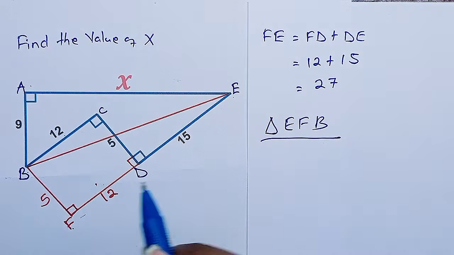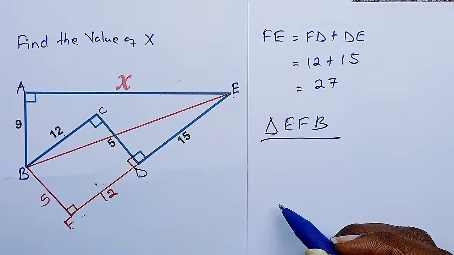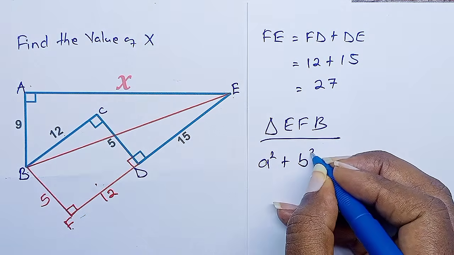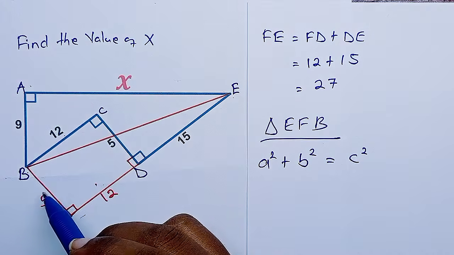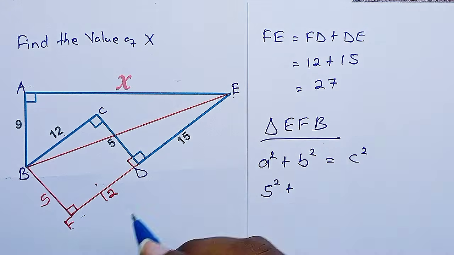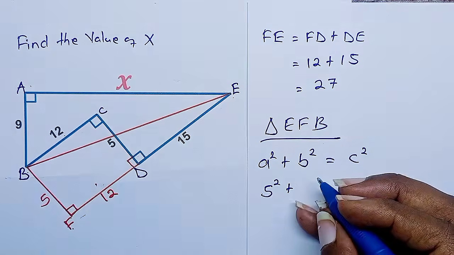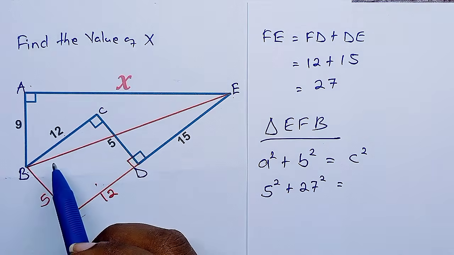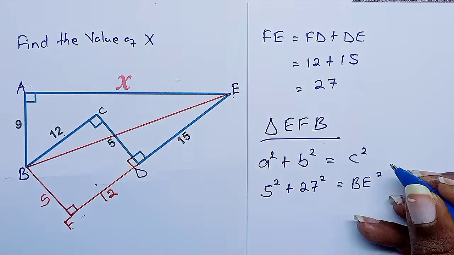So with that information, we can find side BE using the Pythagoras theorem since it's a right triangle. So A squared plus B squared is equal to C squared. Our A is BF, which is 5. So 5 squared plus our B is FE, which is 27, so plus 27 squared is equal to our C, which we don't know, which is BE. So BE squared.